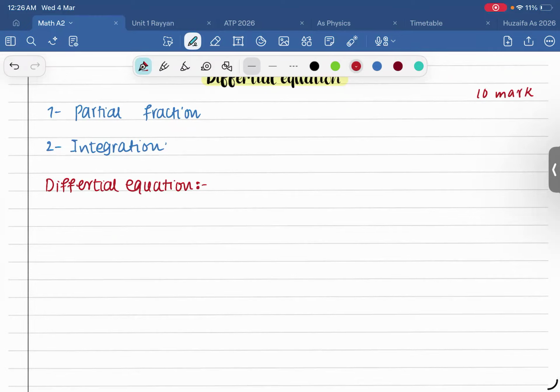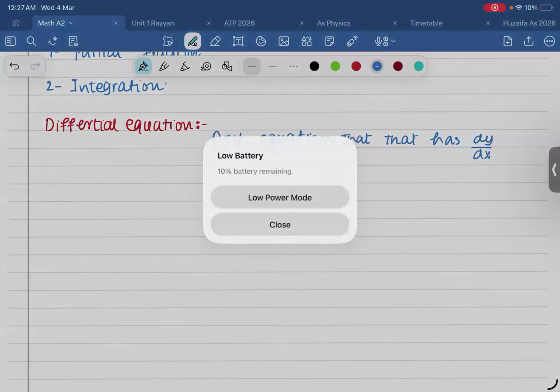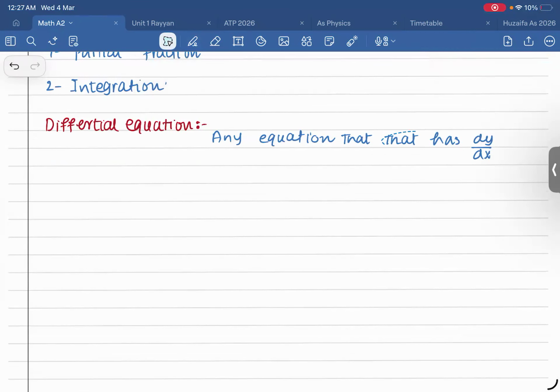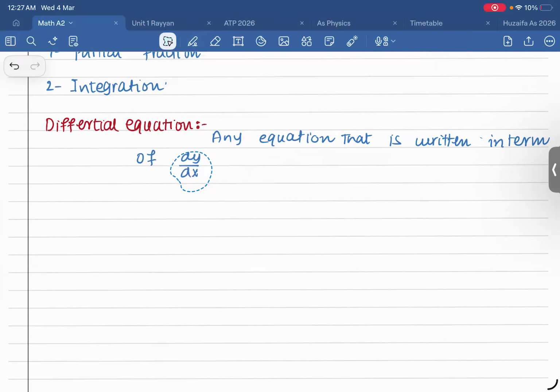So if we talk about the differential equation with respect to the paper, we can say that any equation that has a dy over dx term given, any equation written in terms of dy by dx, right?